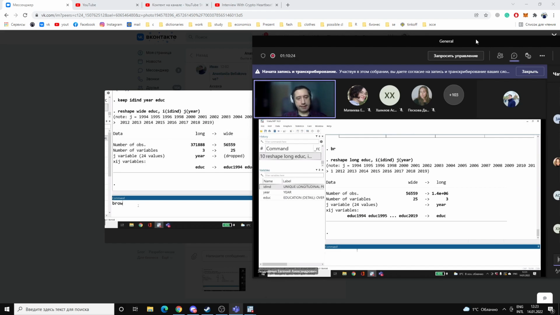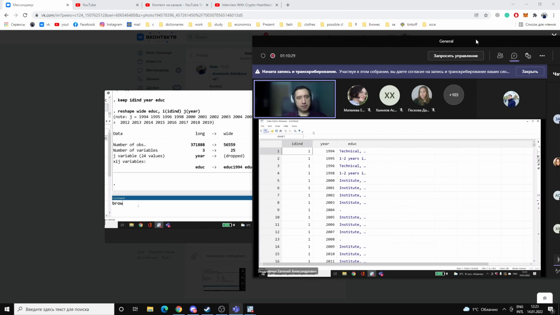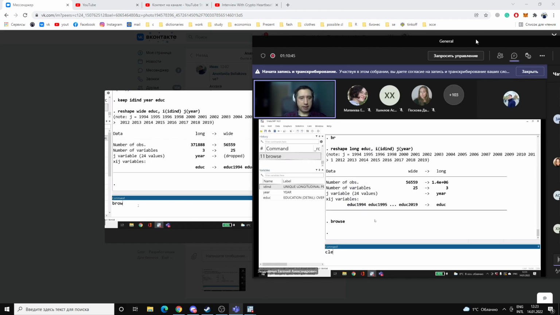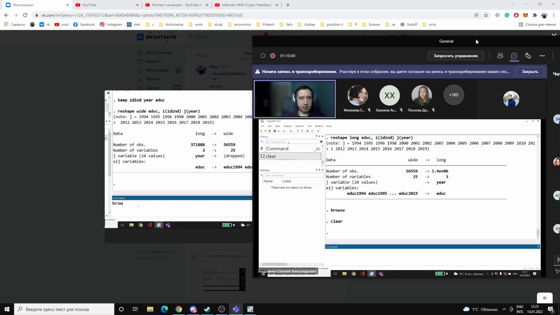Now this data is in a long form. What's the difference? We have two columns, and we observe the same individual. Look, ID_IND is the same from 1994 to 2019, and we have some information for this person. It is the first important step in our analysis.